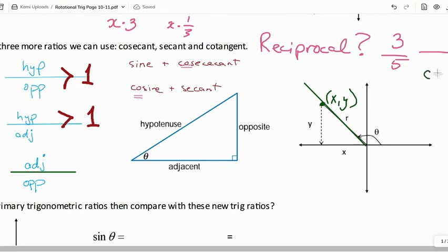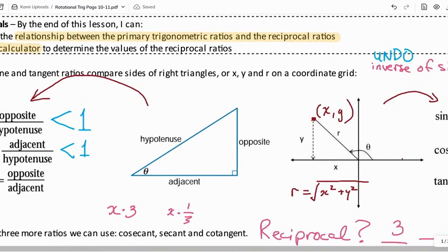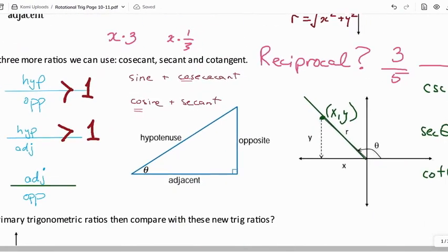So let's see how we would figure out cosecant, secant, and cotangent. If I look above, I see that cosecant, now I remember that cosecant is the reciprocal of sine, and if sine is y over r, what do we write for cosecant?